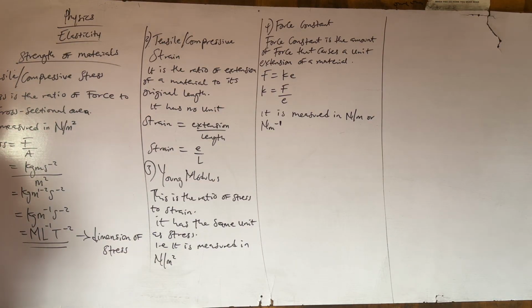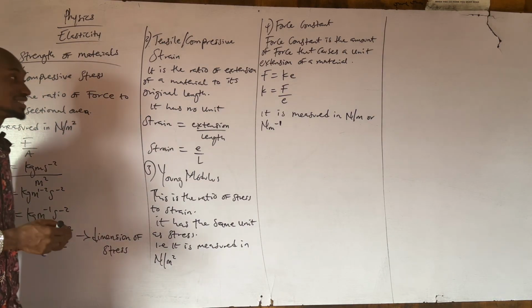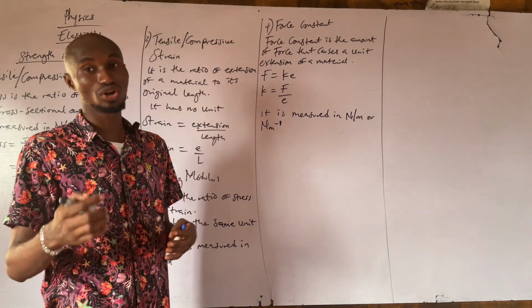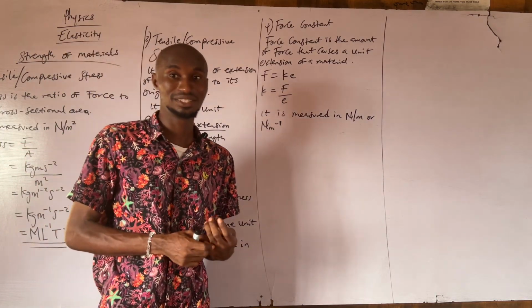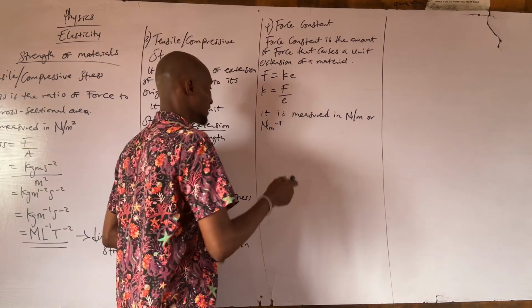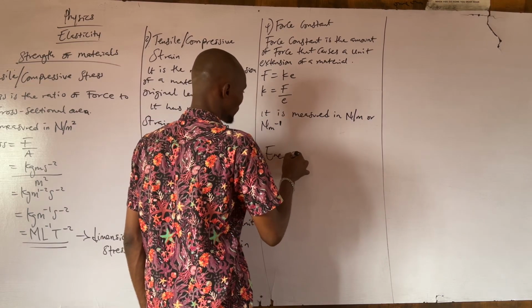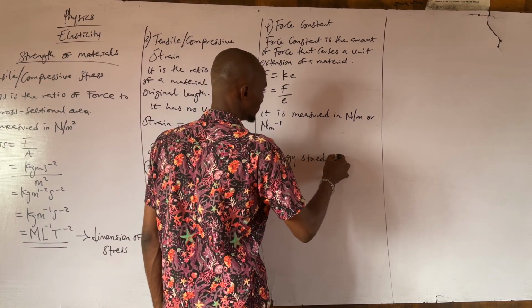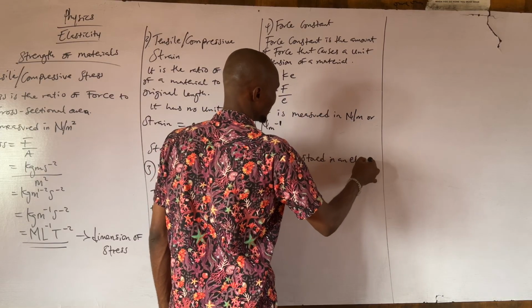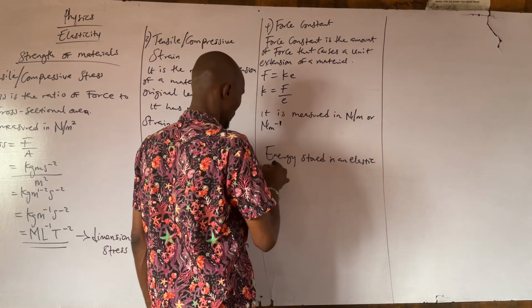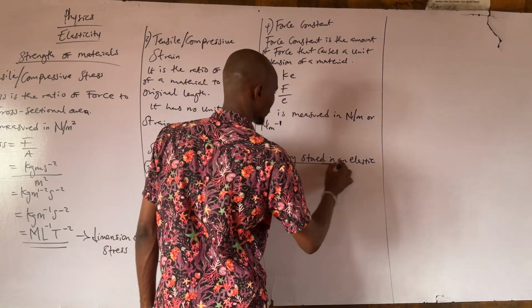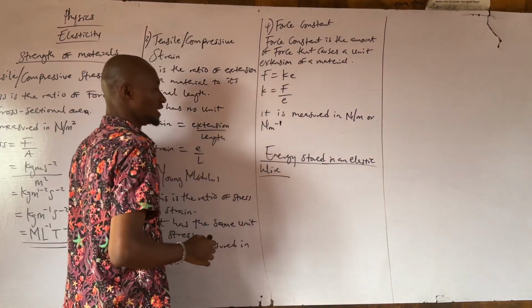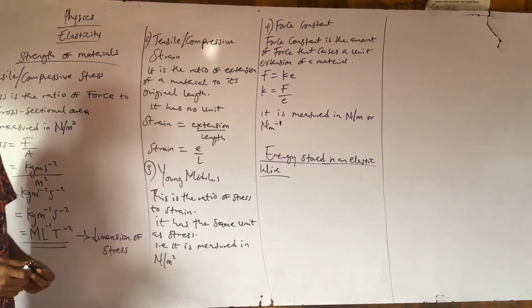The next thing we need to look into here in elasticity is energy stored in an elastic material or wire. And you know that energy is the same as work done.